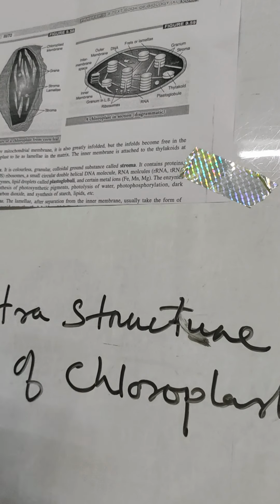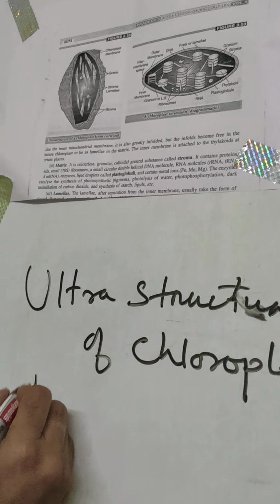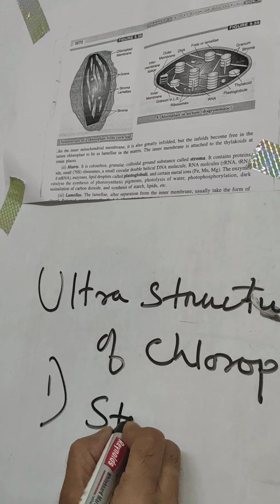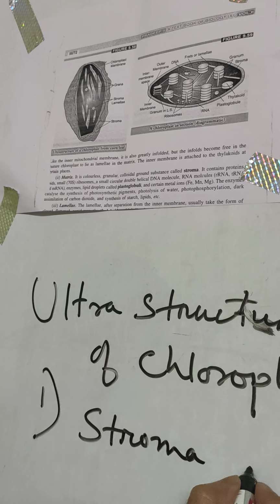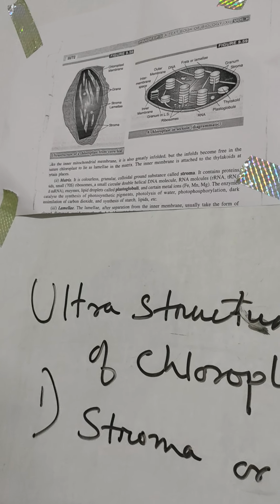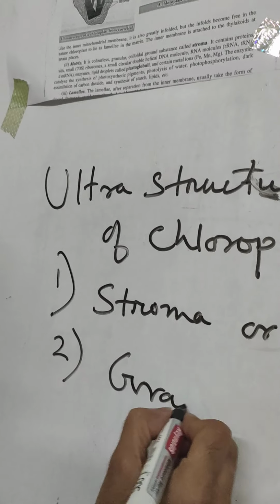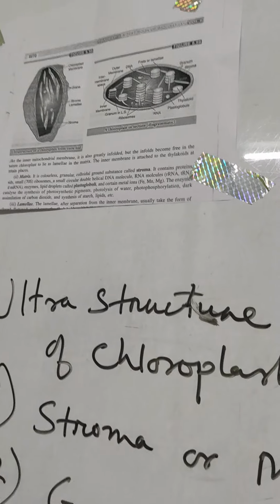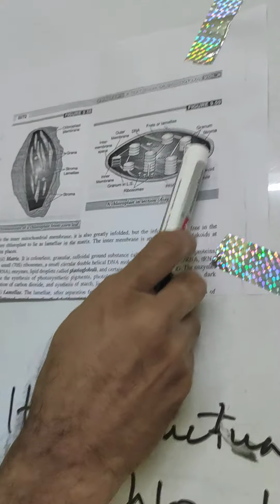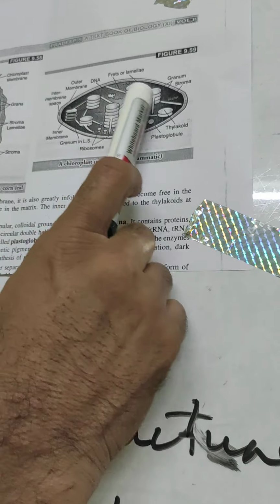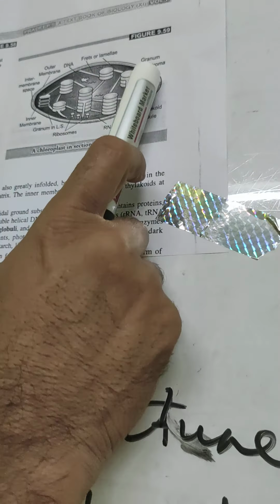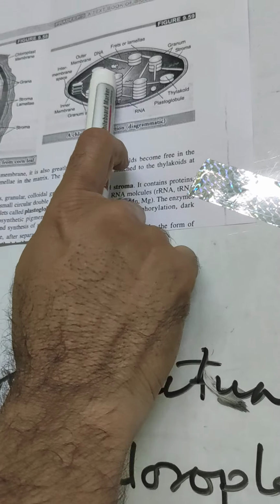And inside chloroplast we get two things. One is called stroma or matrix, and another one is called grana. Stroma or matrix means inside the membrane of the chloroplast some fluid filled substance or matrix is there, that is called stroma or matrix.